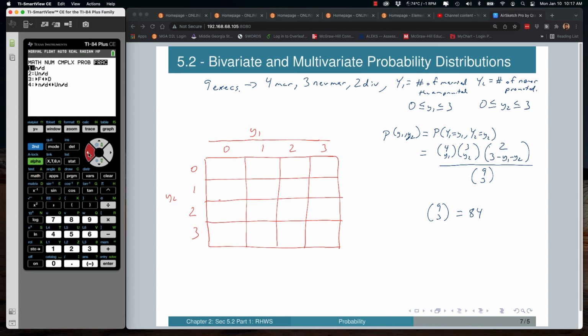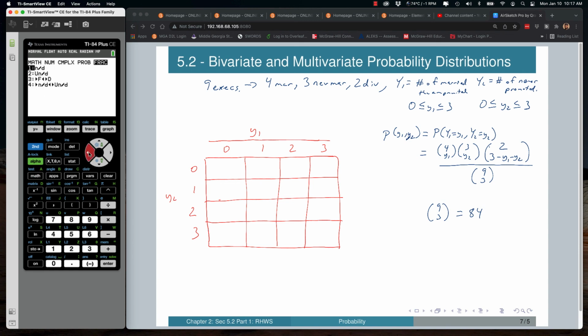Math, probability. I'm going to just do a few of these. I'm not going to bore you to death, but I'll give you the final answer in a minute. So this will be 3, the married folks, choose 0, if we're doing 0, 0 for y1 and y2, respectively. And this last one is going to be 2.